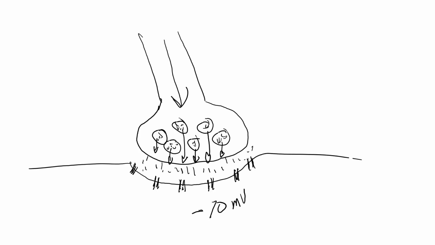We know a couple things. Potassium is high inside of this neuron, and sodium is low. And on the outside, the opposite is true. Sodium concentrations are high, and potassium concentrations are low.